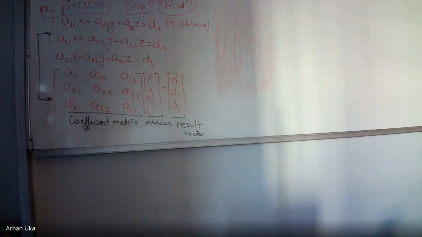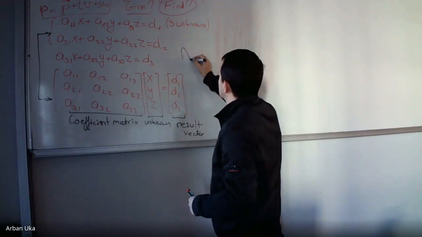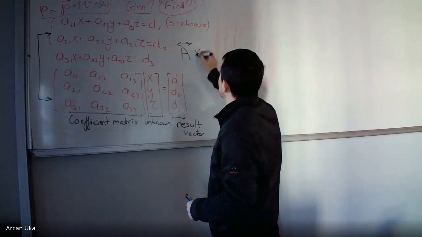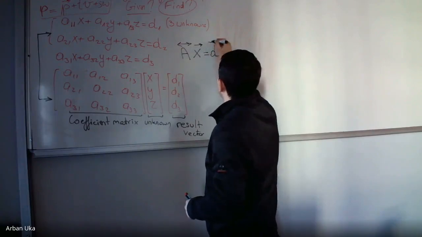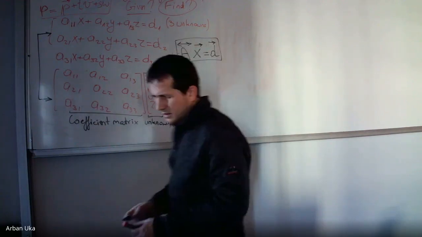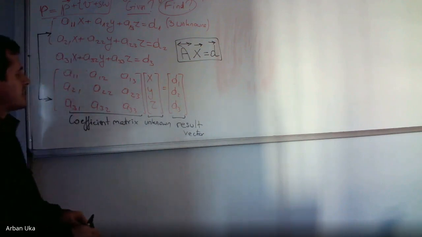These two are equivalent, but we can also report a third representation, which is A, the coefficient matrix, times the unknown vector x, equal to D. So it looks like we can write in a simplified form all this complex system of equations.